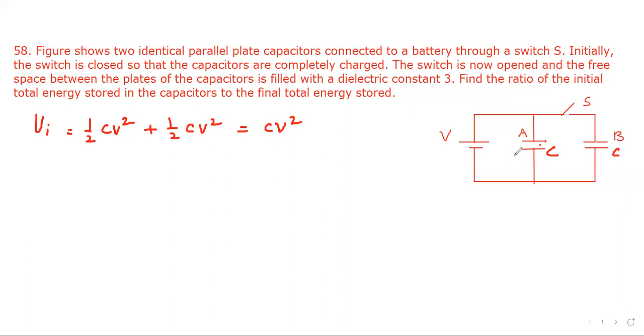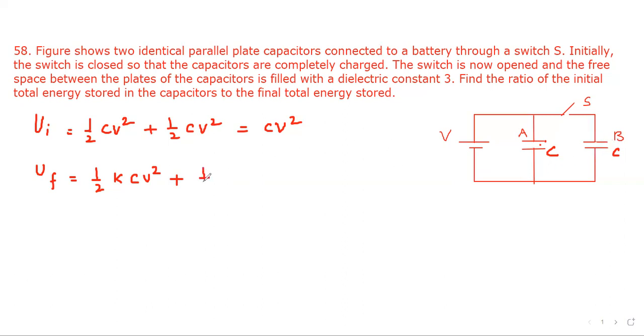So the energy stored, U final, will be the energy stored in the first capacitor, whose capacitance will increase by K times. So half K times CV square, and for the other, the voltage will become V upon K and the capacitance will increase K times.